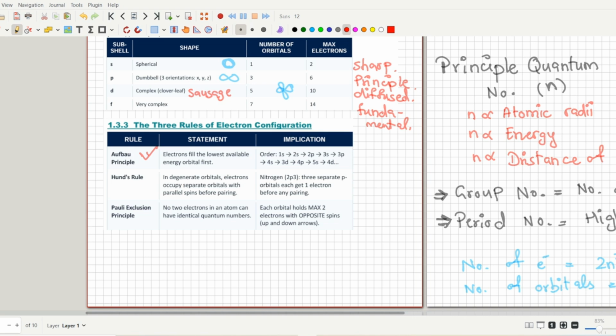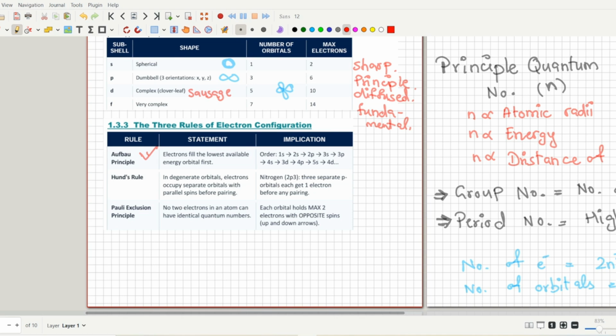That means the filling of electrons occurs in ascending order from the lowest to the highest. But the problem is that the Aufbau Principle is applicable to all possibilities except the excited state. For the excited state, the Aufbau Principle is not applicable.